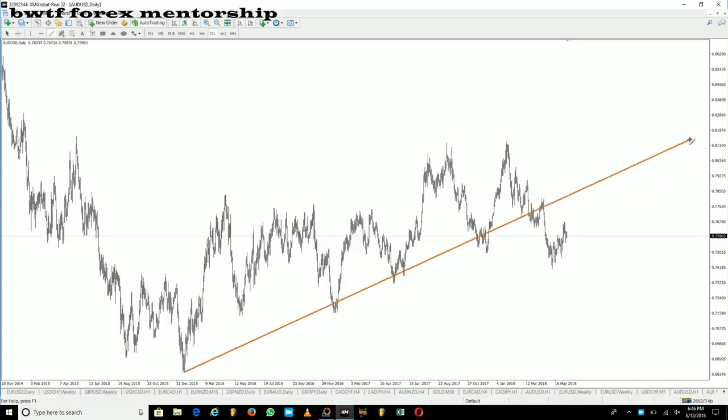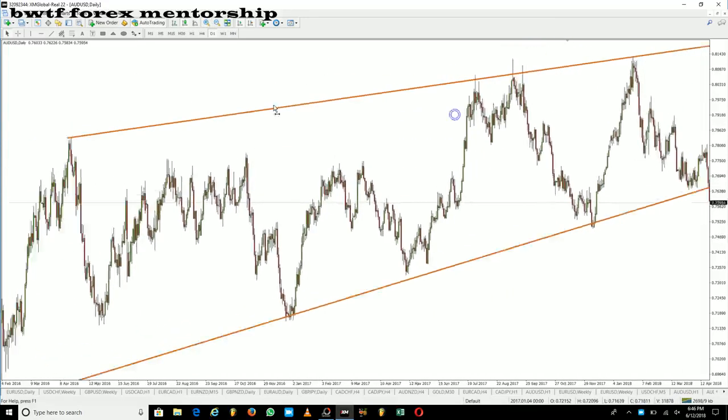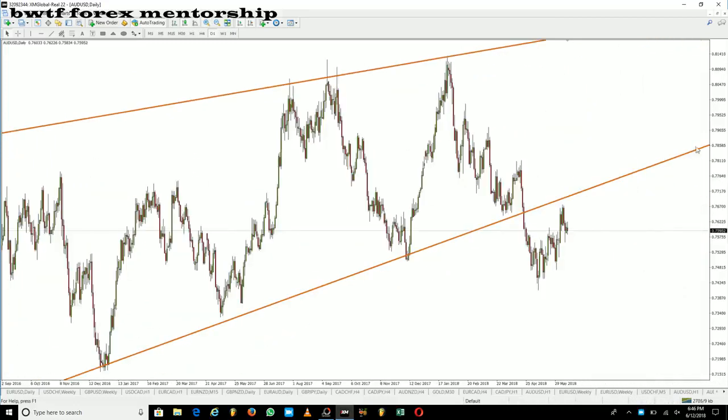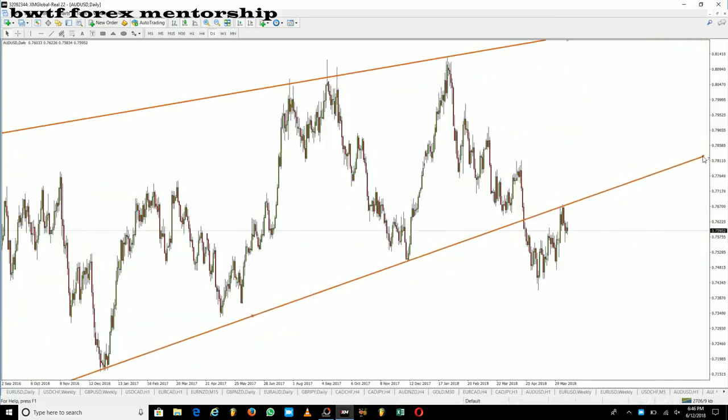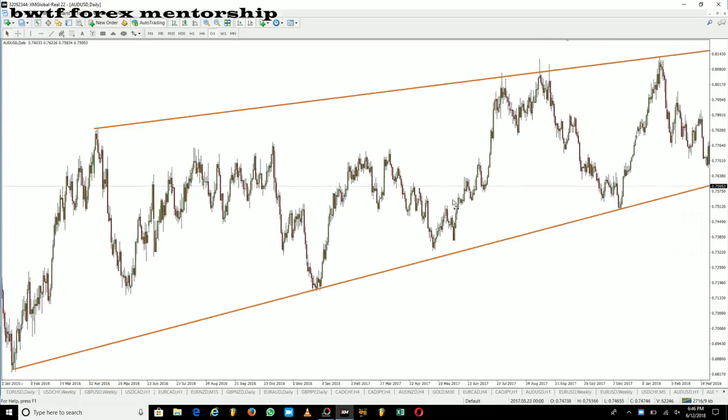It used to be like this, or you could draw it like this. So now every time the market found this support, it bounced back up. Every time the market found this support, it bounced up after this. This was the second response. So now you knew if the market came back.